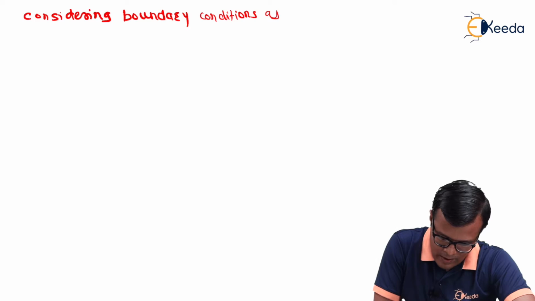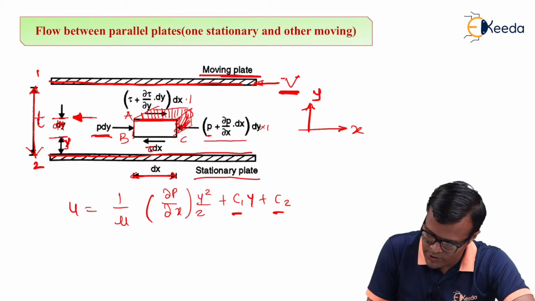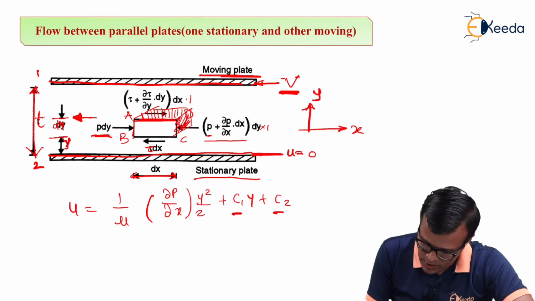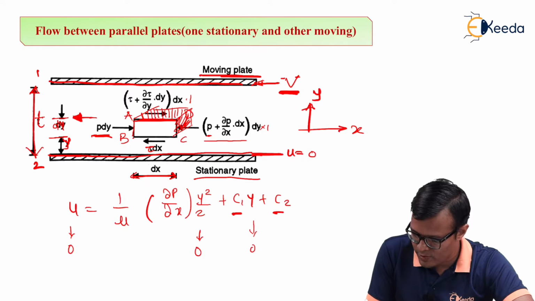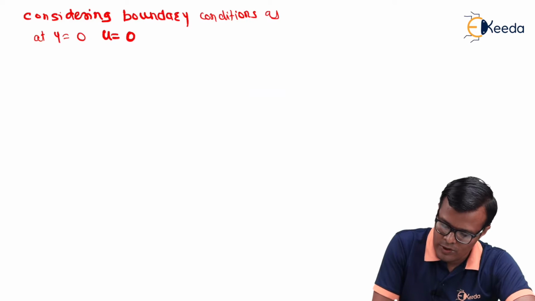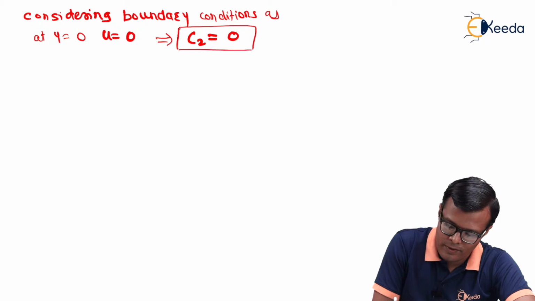We start by considering the boundary condition at y equal to 0, u equal to 0. Here in this equation, when y is 0, this is the stationary plate, so u is equal to 0. If we put y as 0, then it is clear that C2 will obviously be equal to 0. So it gives us C2 equal to 0. Important.